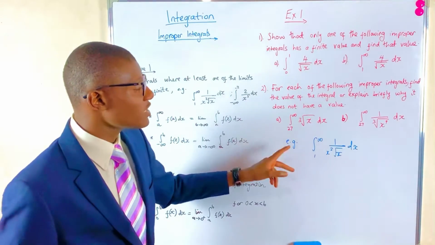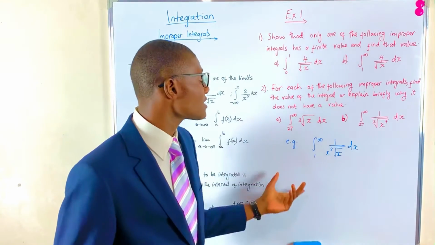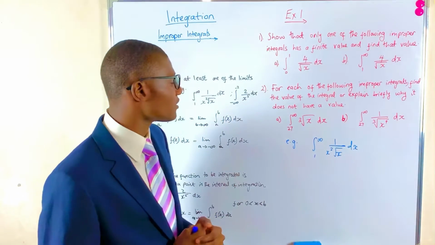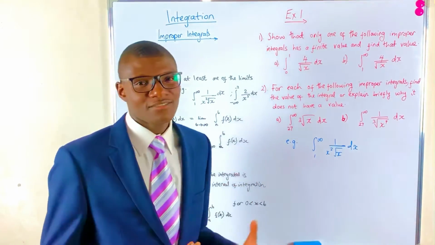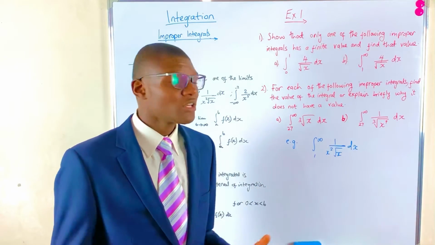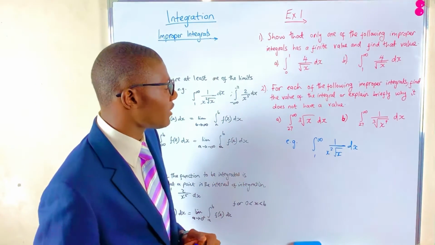Okay, so let's use this example. We've got this improper integral, and we'd like to show that it has a value, and we want to calculate that finite value.